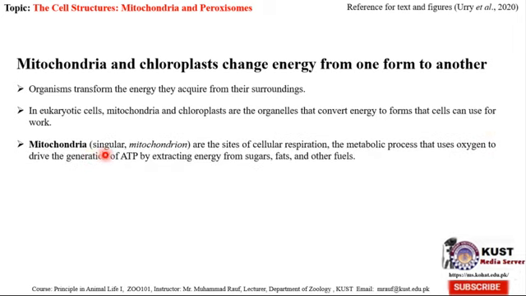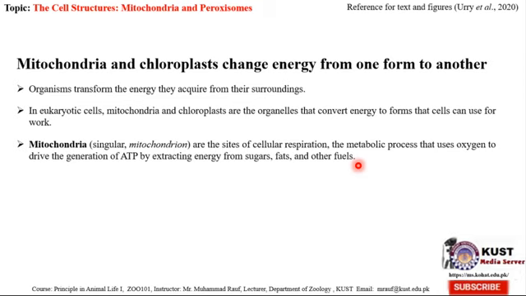Mitochondria, singular mitochondrion, are the sites of cellular respiration, the metabolic process that uses oxygen to drive the generation of ATP by extracting energy from sugars, fats and other fuels.